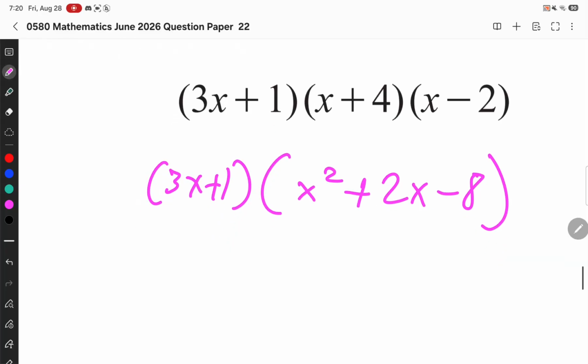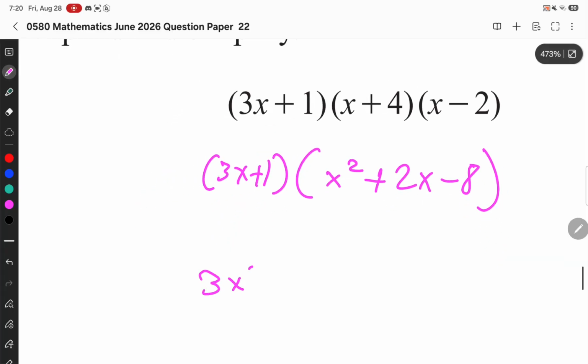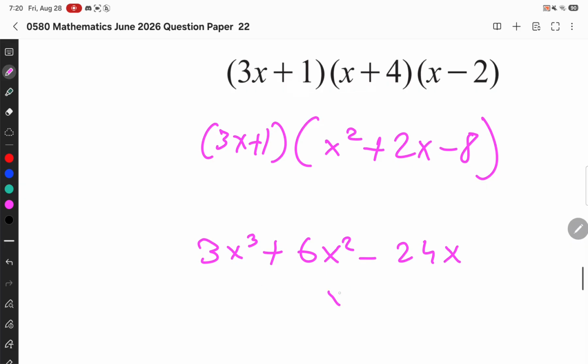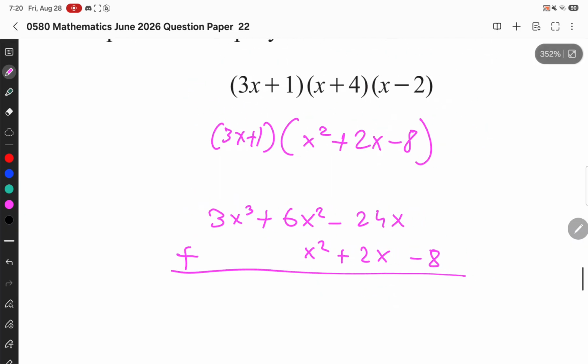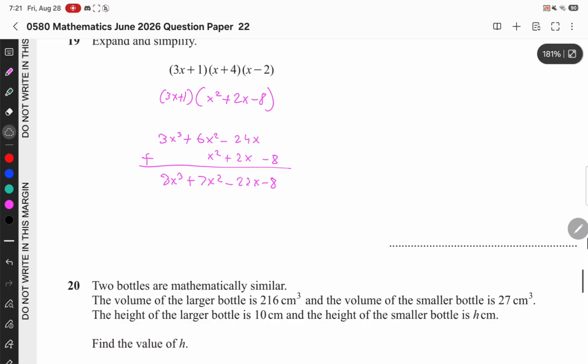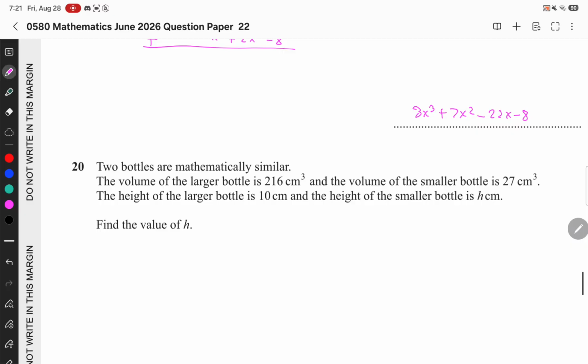Next we get 3x cubed plus 6x squared minus 24x, x squared plus 2x minus 8, and hence we get 3x cubed plus 7x squared minus 22x minus 8. Nice.